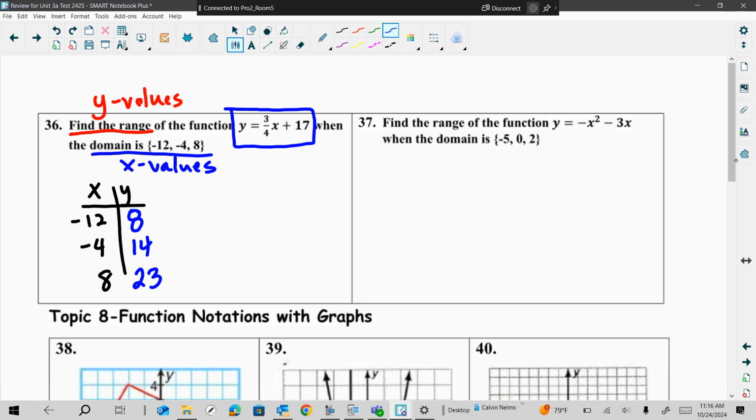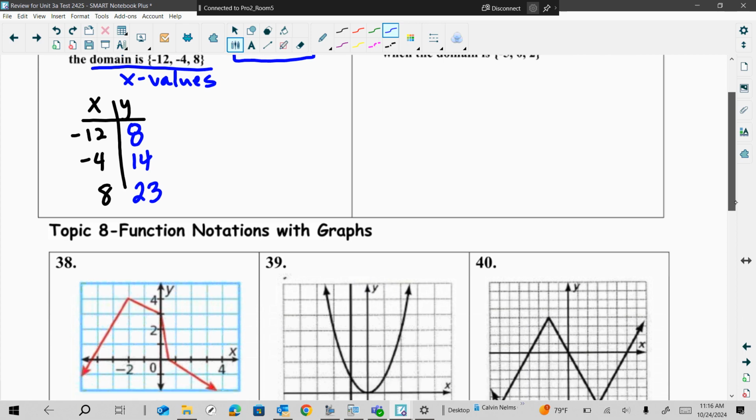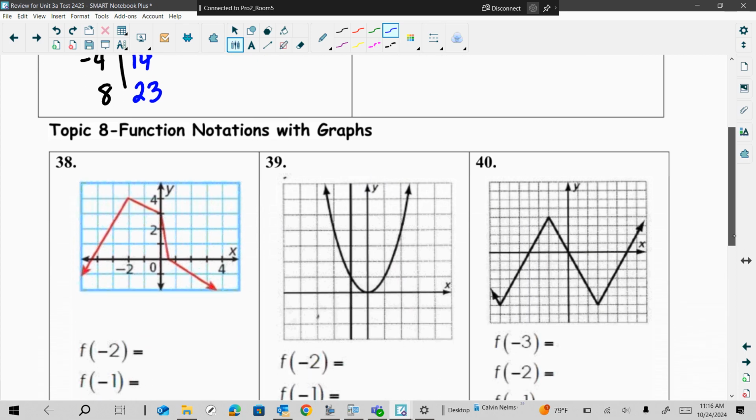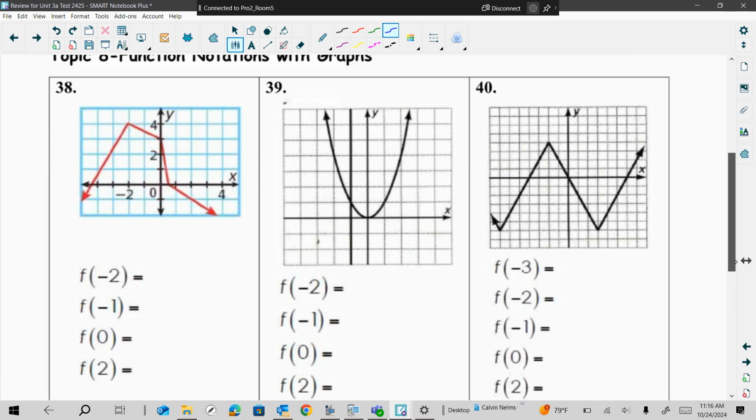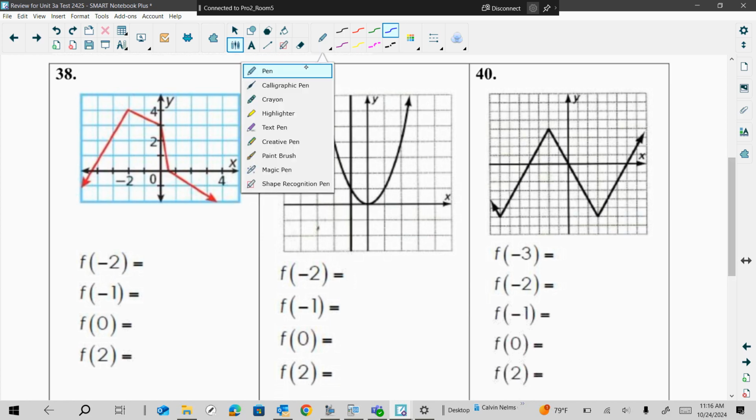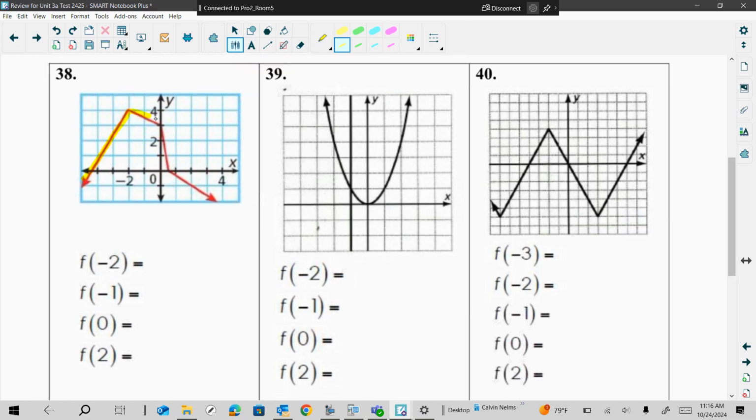All right, and then our last thing from functions is function notation with graphs. Understand this jagged line here is the function. F of negative 2, this negative 2 represents the x value. So on the x-axis, find your negative 2 and then plot the point where it touches the actual line, the function.